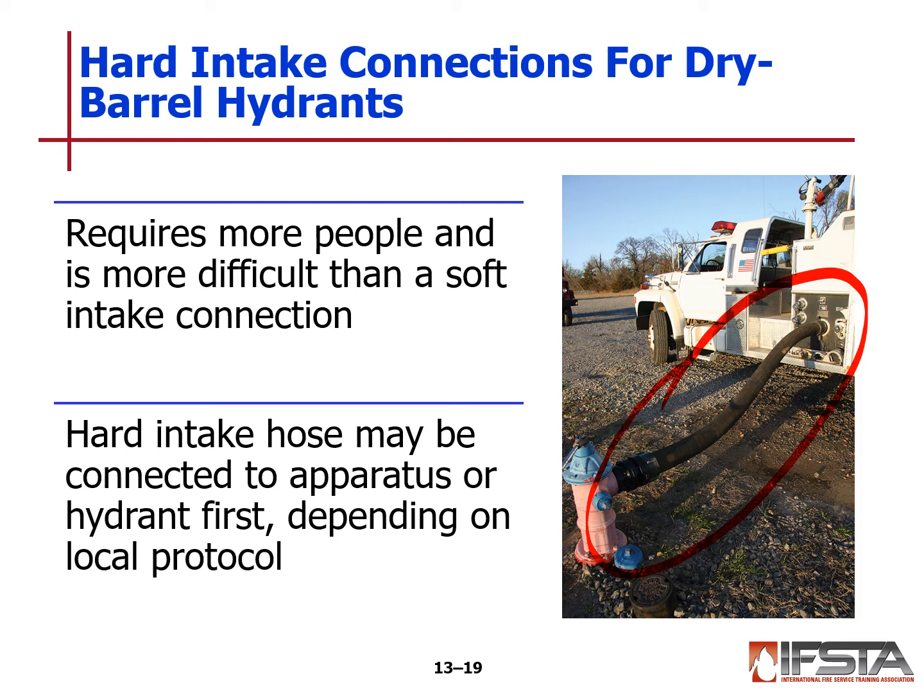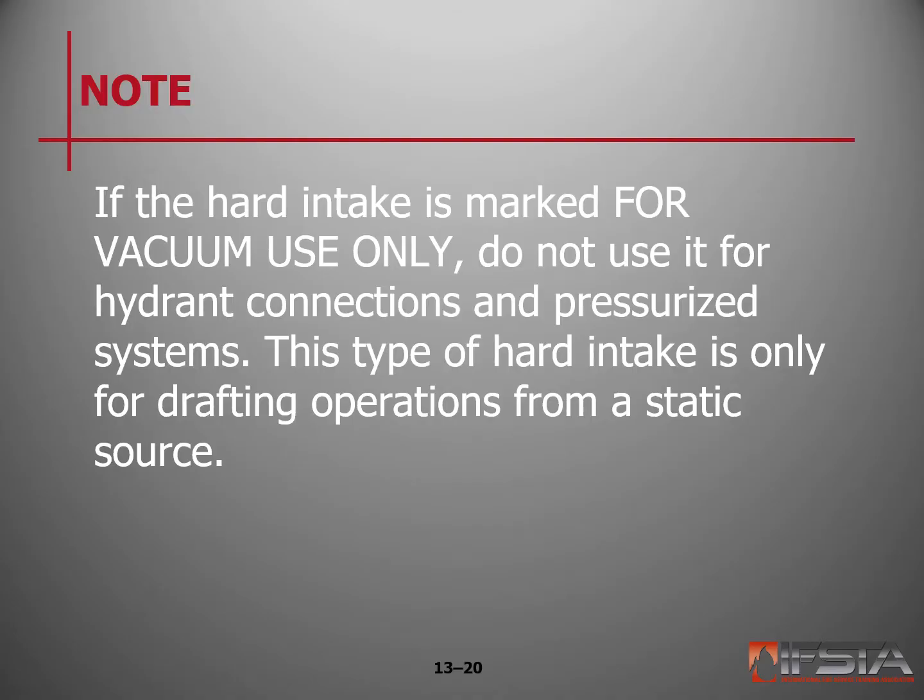Typically, hard suction line, as we call it, is used for drafting operations, but you can hook it to a hydrant and utilize it in that way. If the hard intake is marked for vacuum use only, then do not use it on the pressurized system. Usually these are marked vacuum use only.